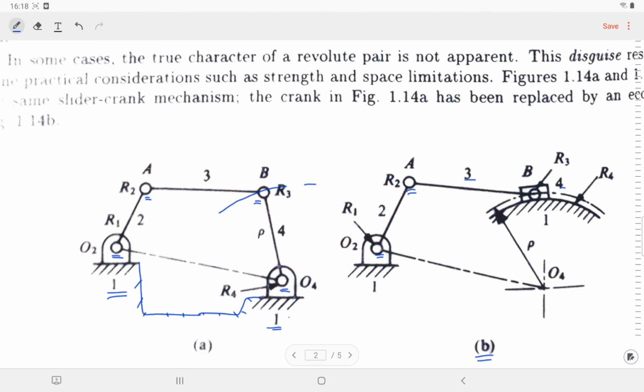And if you see, this prismatic pair is moving with respect to this link 1 in a particular curve, and the curvature of this curve depends on the radius of curvature of that curve. If I keep on increasing the radius of curvature, which means increasing this rho value, what will happen to this curvature?